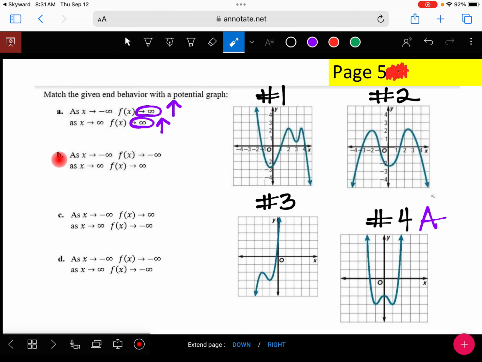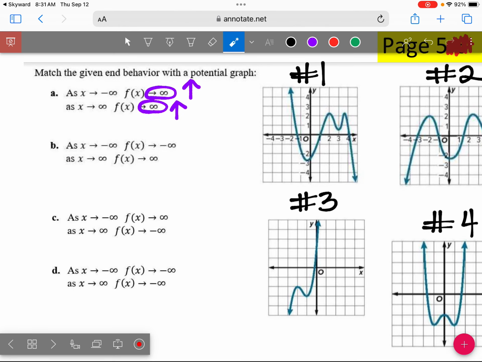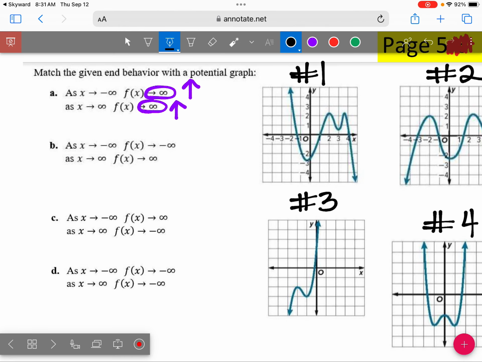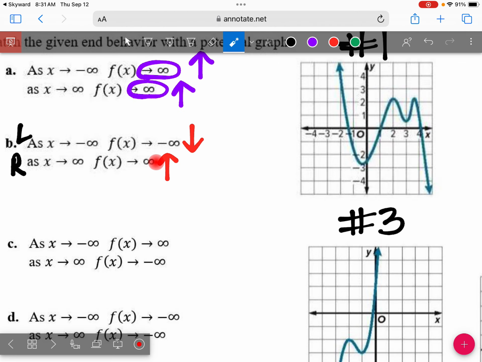All right, so now for B, B is telling me that the left side, because this is the left and this is the right, I'm looking for a graph that on the left side goes down and on the right side goes up. Do you notice how these are opposite? They're not doing the same.